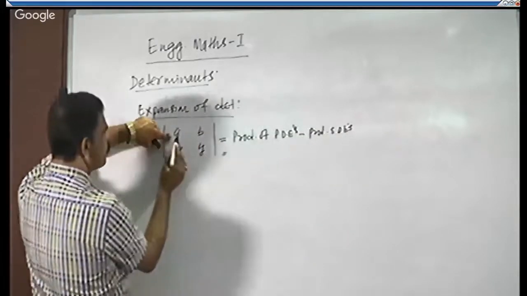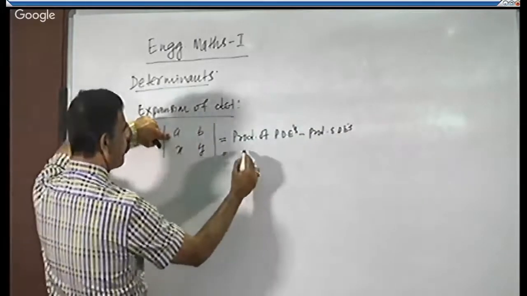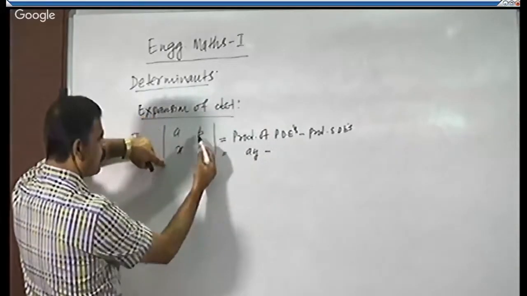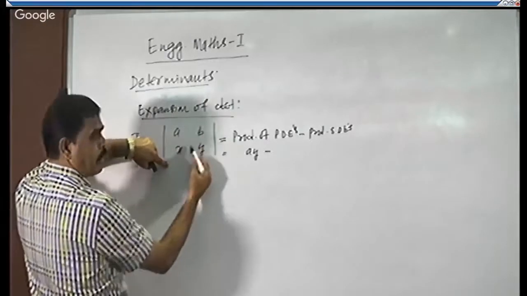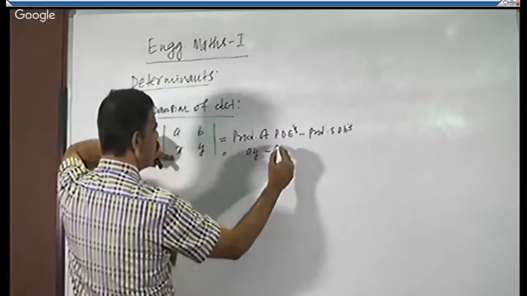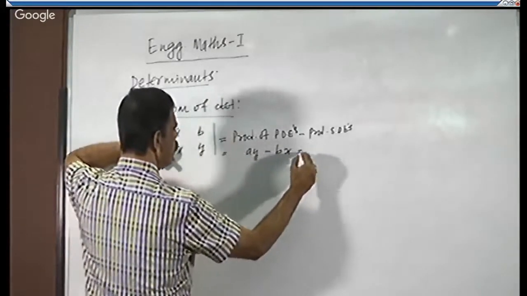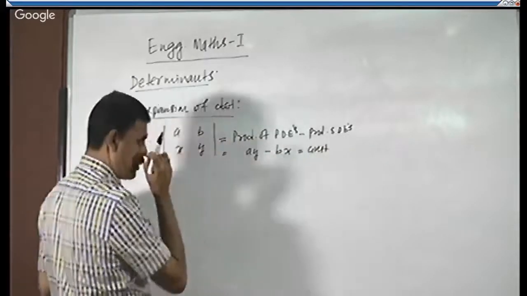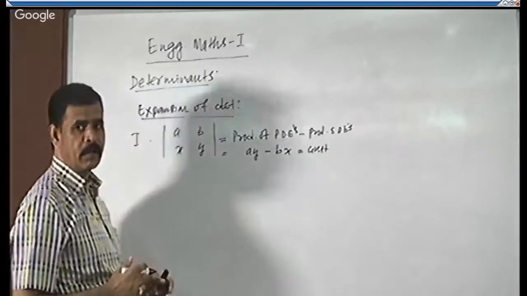Which are the principal diagonal elements? a and y. Their product is ay. Minus. Which are the secondary diagonal elements? b and x. Their product is bx. Finally, you will get some constant.